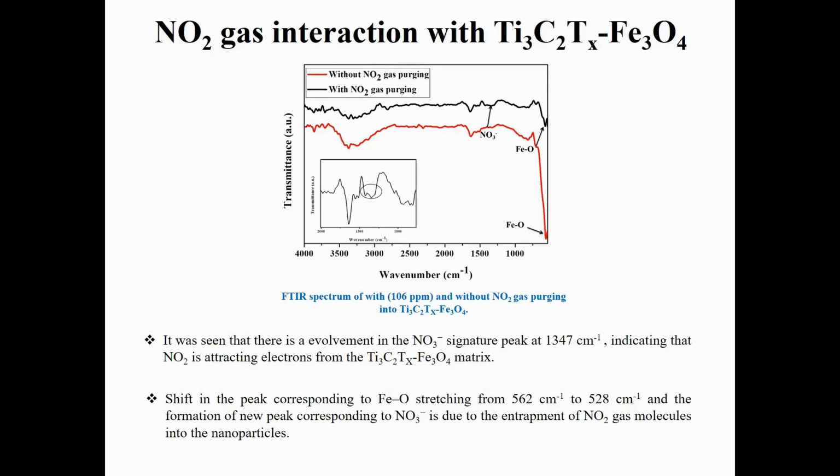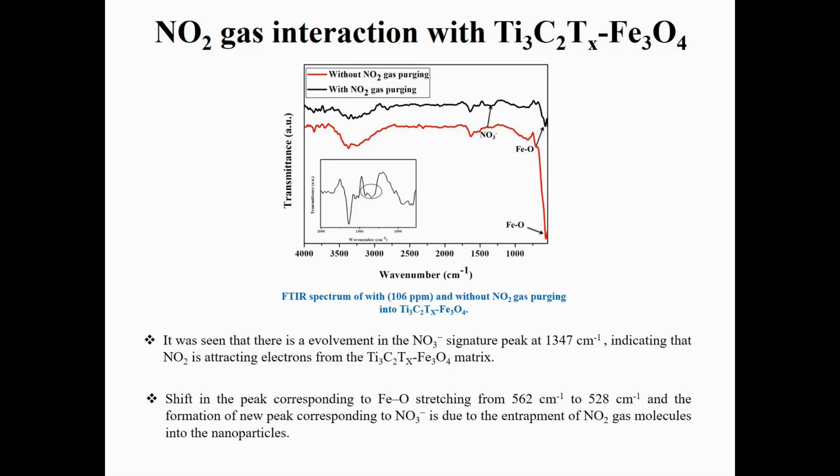This is showing the NO2 gas interaction with our material using FTIR. The red graph shows without NO2 gas purging, and the black one shows with NO2 gas purging. Here we can see two main things. First, there is the introduction of a peak at 1347 centimeter inverse, which indicates the involvement of NO3 minus.